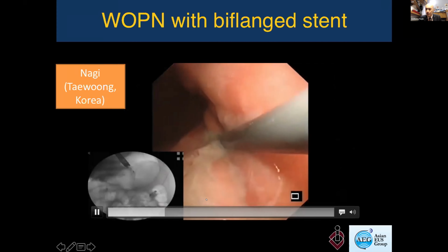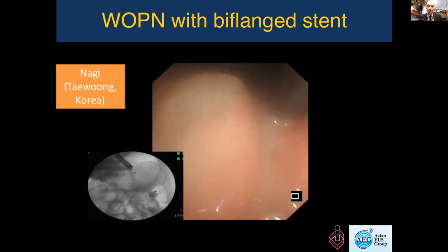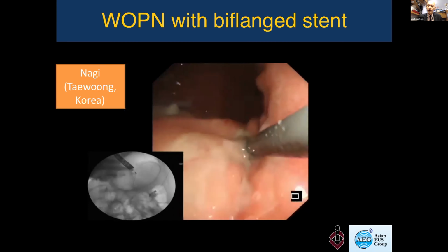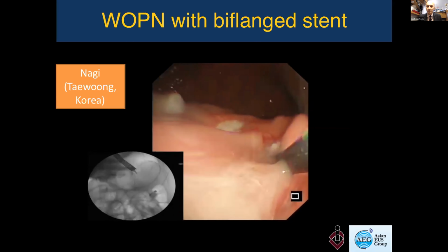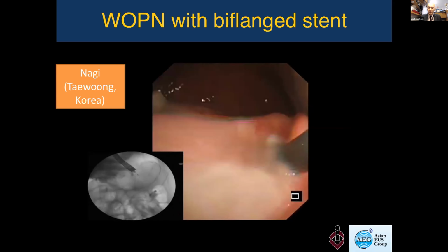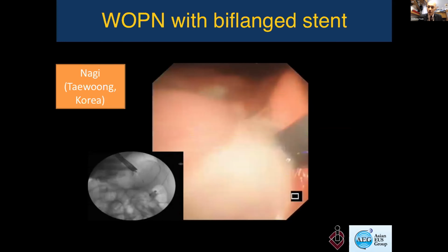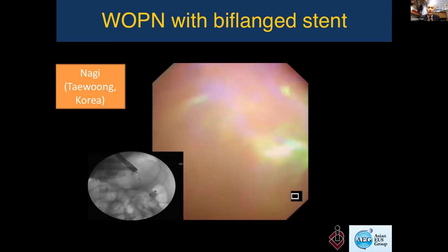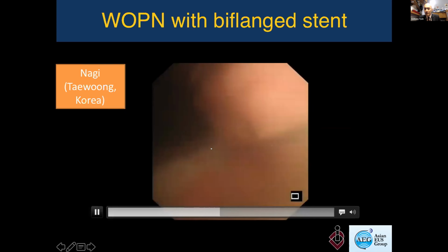This is a cystotome. This was an 8.5 French cystotome. So why did I use 8.5 French? Because with this 8.5 French, I can directly insert the delivery system, without the need of the balloon. But you can see sometimes a larger diameter cystotome does not go through the tissue so well.